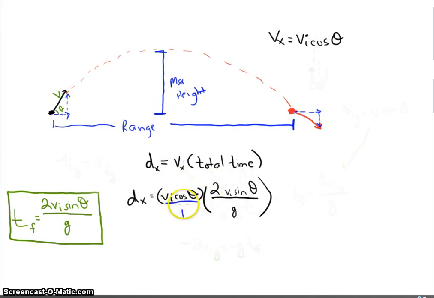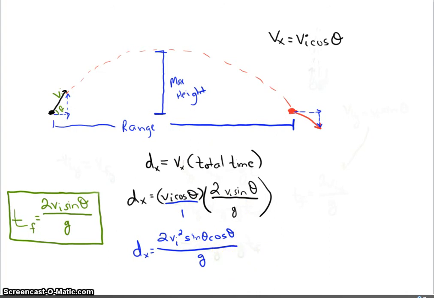So I can pretend like this is over 1 and say now that my range is equal to, well, I'm going to move this 2 and that 2 is going to be first. Okay? Then I have VI times VI, which is going to be VI squared. And then sine theta, and then cosine theta. It could be either way. Okay? Divided by 1 times G, which is just G.